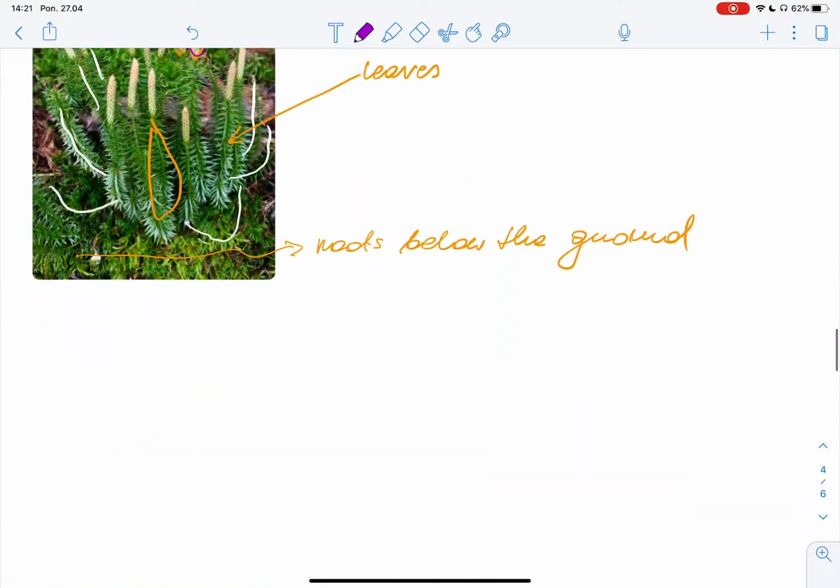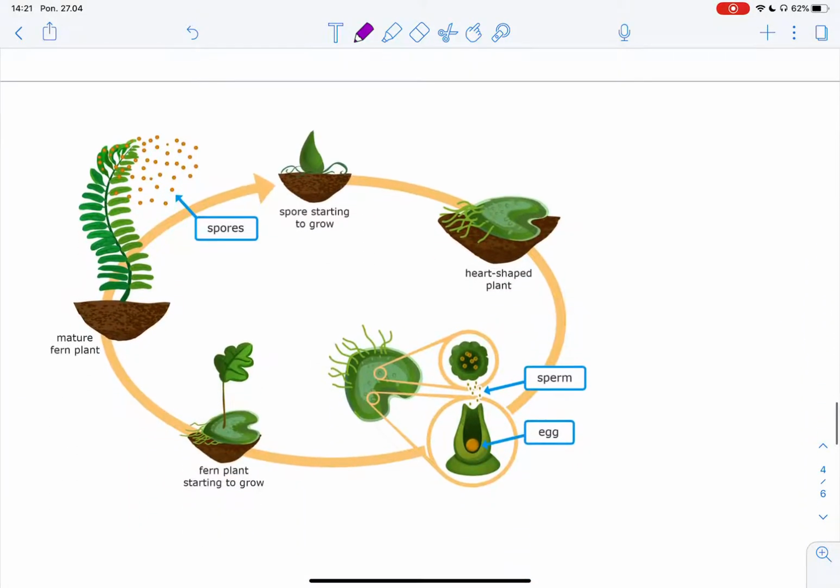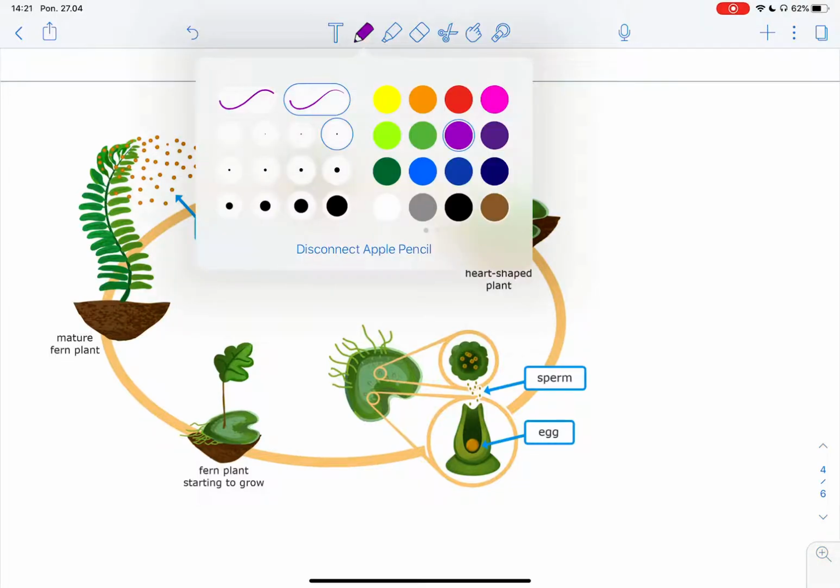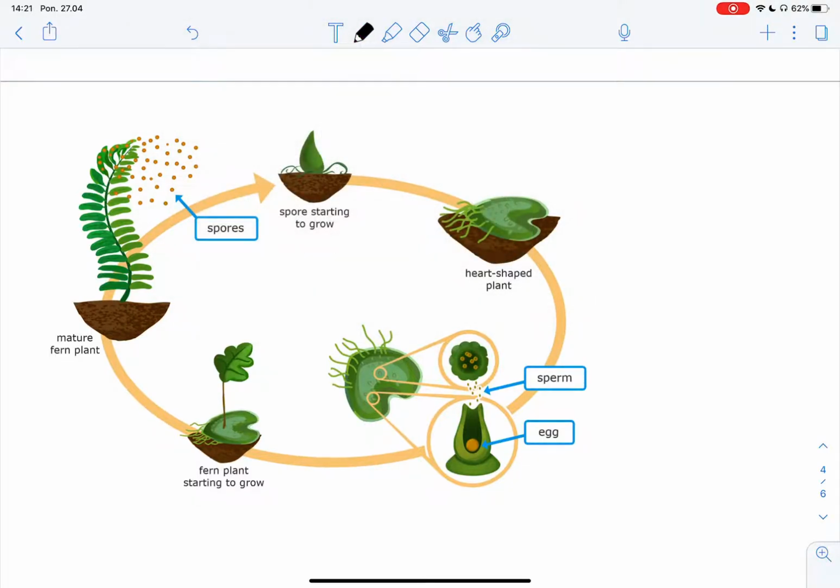Life cycle of a fern is complicated because they don't use a really resource consuming way of creating seeds. They had to think of something simpler, but in reality, it turned out to be even more complicated than just a seed. So let's follow it from the very beginning. Mature plant releases spores here.